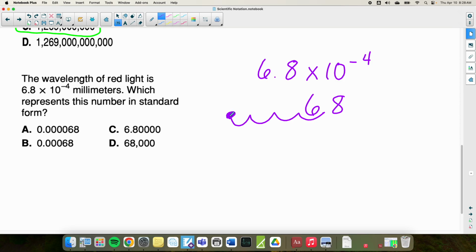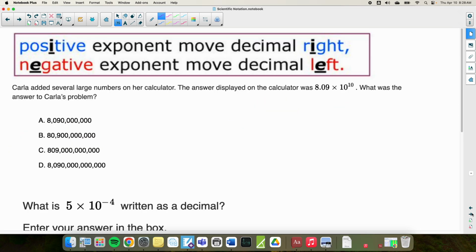That's where my decimal goes, and these are zeros. So it's going to be 0.00068. Okay. So this shows you what they are talking about if you ever get confused: positive is right, negative is left.